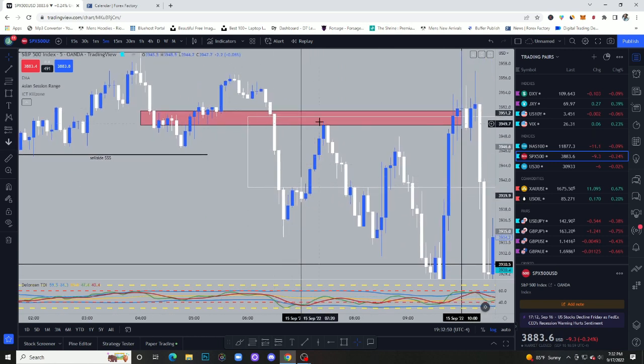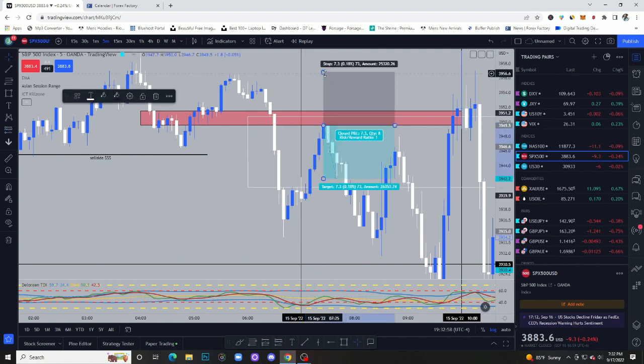So you see price came into the area right here. Now from here, if I want to take an entry, I can gauge whether or not I want to take the entry right here. I can take the entry here and set a stop either above this candle or above this candle right here.